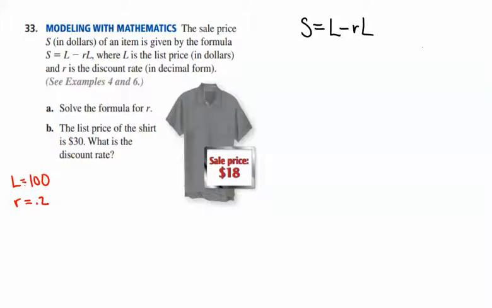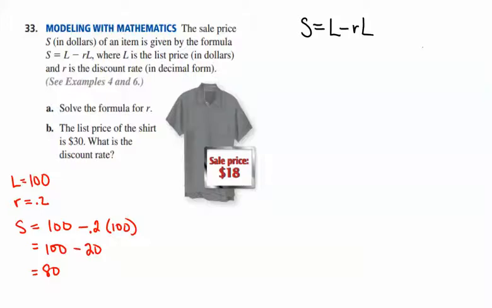Then we would find the sale price by taking the original price, which is the 100, and then minus 0.2 times 100. So in our example here, it would be $100 minus $20, or $80. So if it were 20% off, we would take the original price minus 0.2 times the original price, and that's going to give us the sale price.